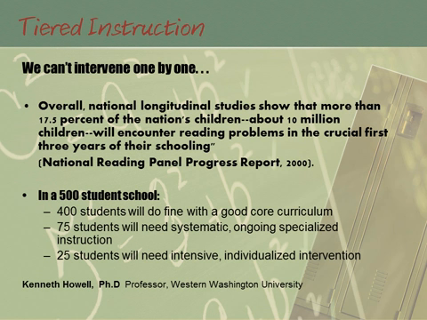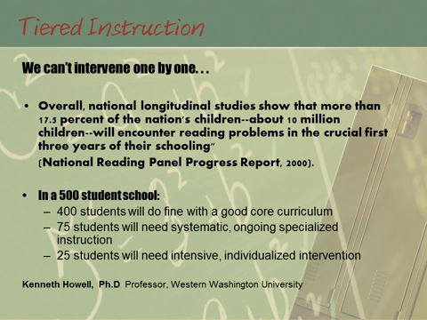Overall, national longitudinal studies show that more than 17.5% of the nation's children will encounter reading problems. And in a school of about 500 students, 400 will do fine with good core curriculum, 75 will need systematic, ongoing, specialized instruction that can be provided through tiered instruction in the general education curriculum.